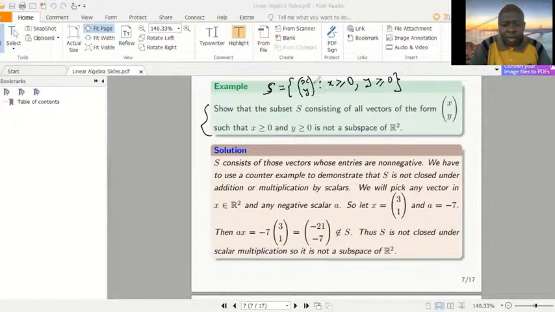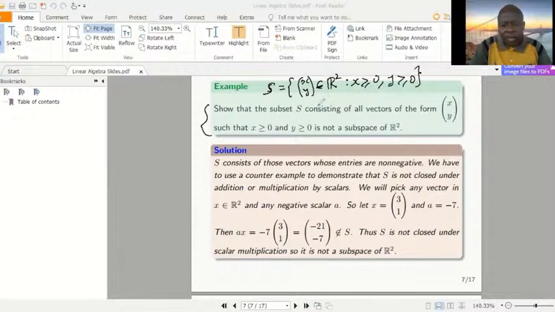Or even somebody can write it this way. Let me just erase a bit of it and then include something. Somebody can even write it again this way, if I erase this and then add here, in R2, such that x is greater than or equal to 0, y is greater than or equal to 0.